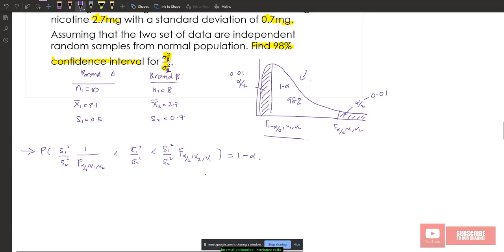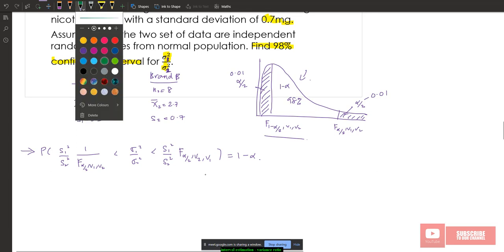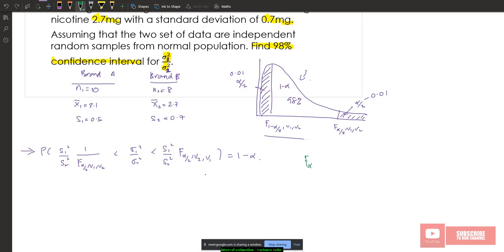And for alpha divided by 2, F alpha divided by 2 is 0.01, right? So F alpha divided by 2, V1, V2 is equal to F 0.01. V1 is 10 minus 1 equal to 9, and V2 is 8 minus 1 equal to 7.